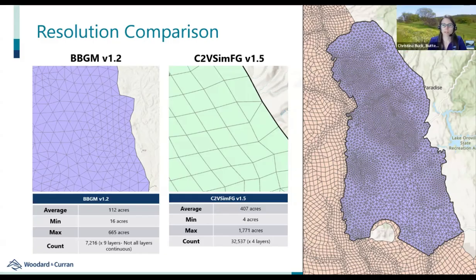Yeah. All right, is there a place to view the data and analysis that you're conducting? So first of all, C2VSim 1.5 is published, and there's a report on DWR's website. They have all of the model files and input data, and then a tech memo that summarizes the changes made. So that's available. And then for BBGM 1.2, we are developing a tech memo to show the changes we've made to the model.